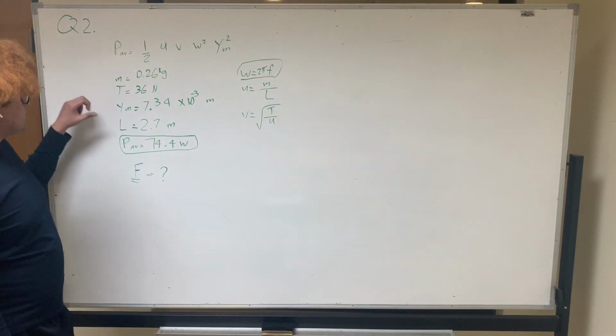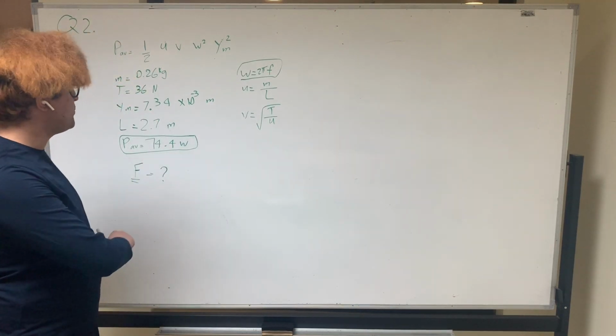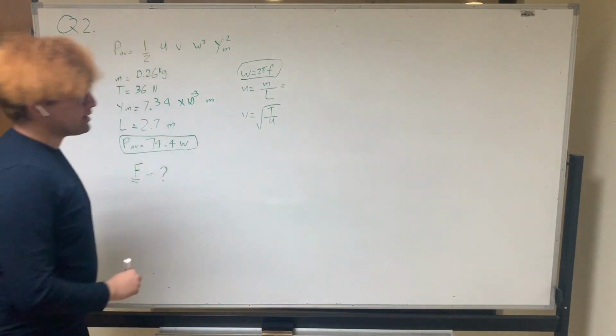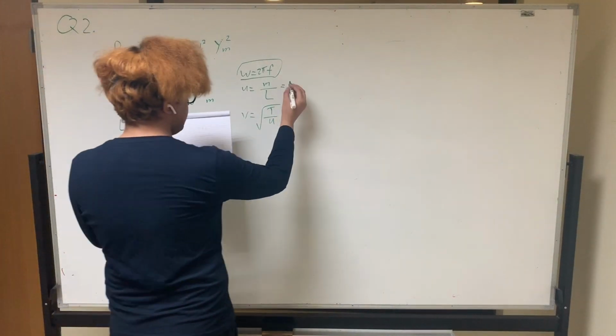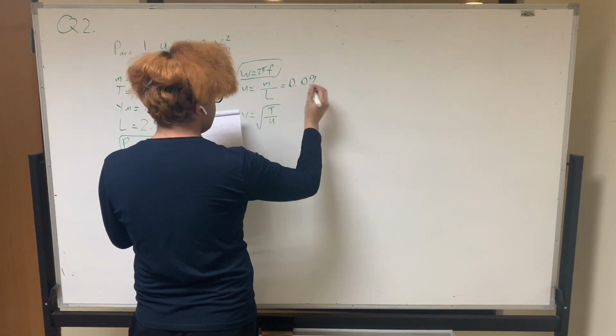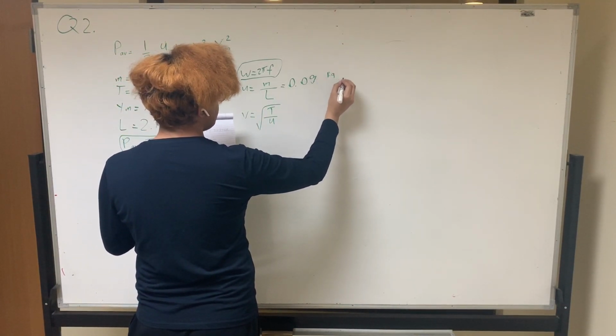We're given the mass and the length, so we can easily calculate mu. If you plug this into your calculator, you'll get 0.09. What's the unit? Kilogram per meter.